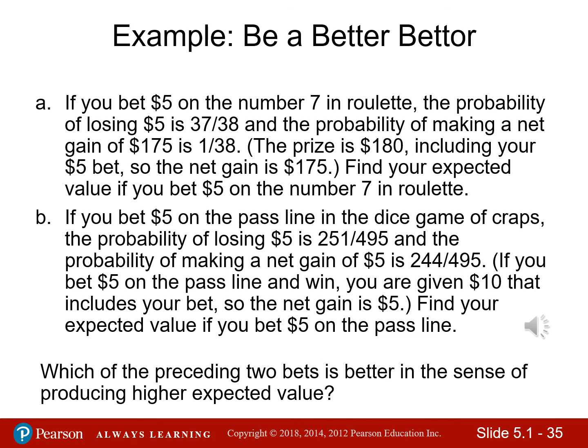So if you bet $5 on the pass line and you win, you're given $10, and so that includes your bet, so your net gain is $5. So let's find our expected value if you bet $5 on the pass line. Which of these two bets is better in the sense of producing higher expected value?